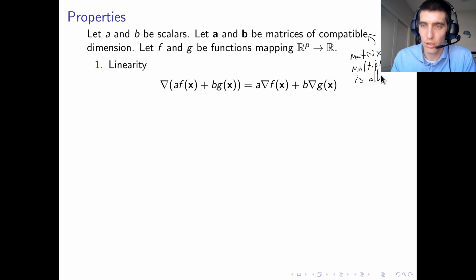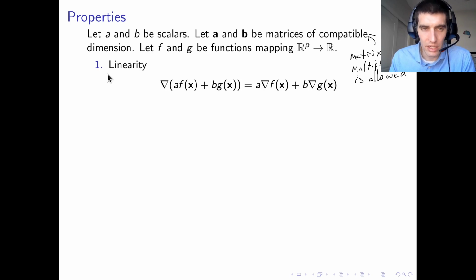So their shapes permit matrix multiplying. It's not incompatible dimensions. And we have f and g as functions which map some p-dimensional vector to some scalar. Okay, so there's scalar output, p-dimensional input.